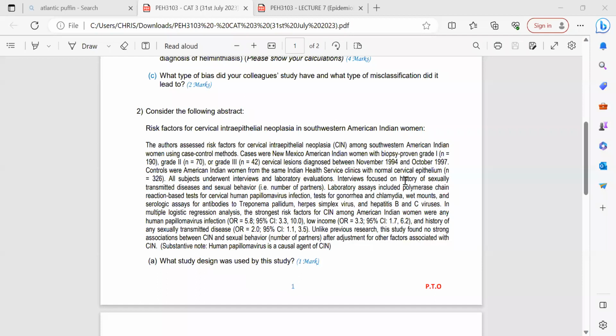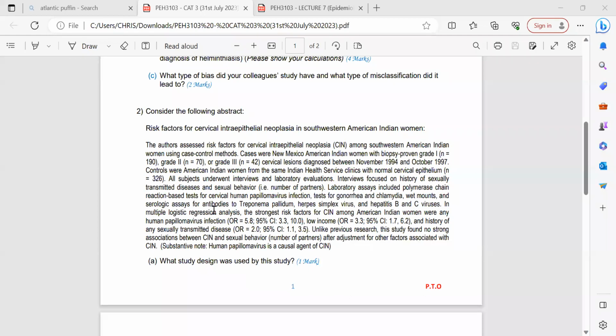All subjects underwent interviews and laboratory evaluations. Interviews focused on history of sexually transmitted diseases and sexual behavior, that is the number of partners. Laboratory assays included PCR-based tests for cervical human papilloma virus infection, tests for gonorrhea and chlamydia, wet mount, and serological assays for antibodies to Treponema pallidum, herpes simplex virus, and hepatitis B and C viruses.